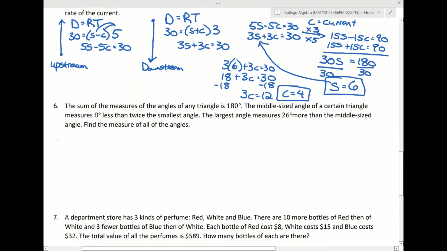We have a large, middle, and small angle. Just to get organized, let's put letters on them. Let's say large is X, middle is Y, and the small is Z.